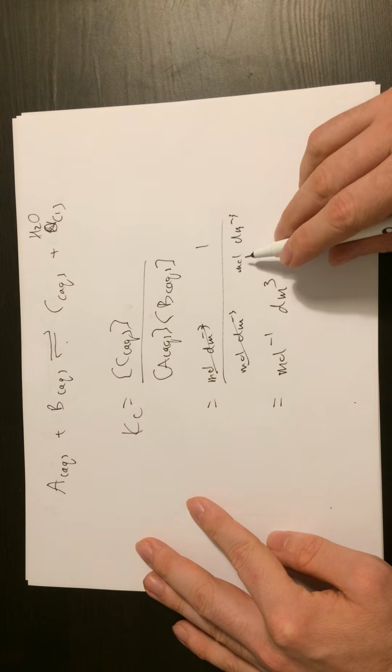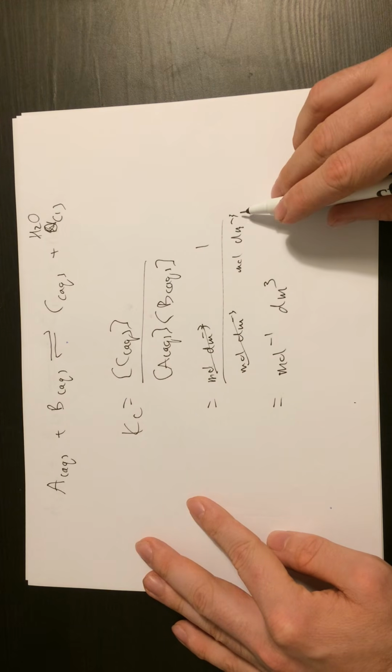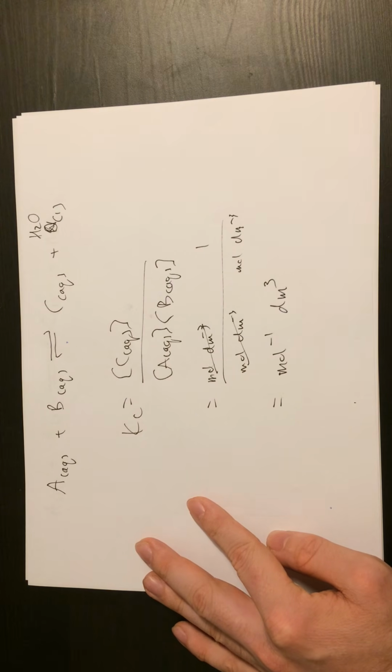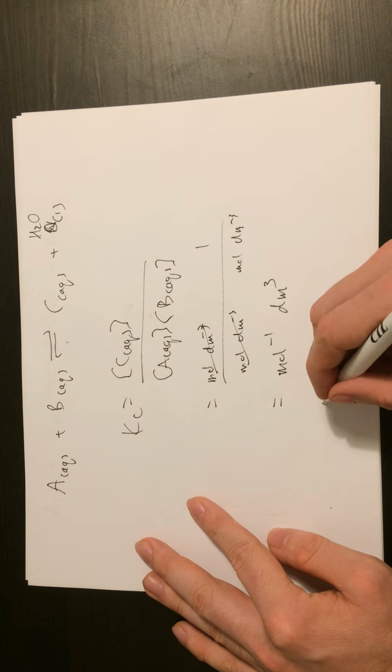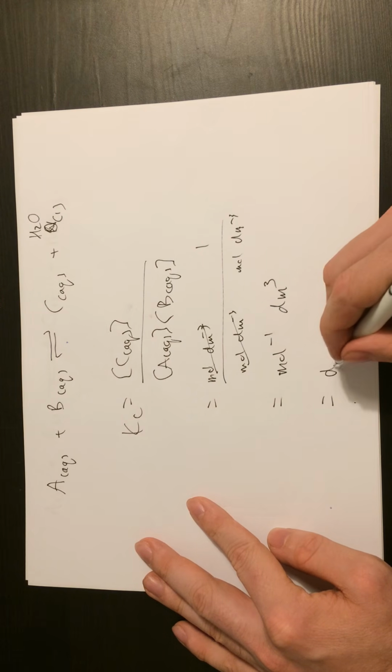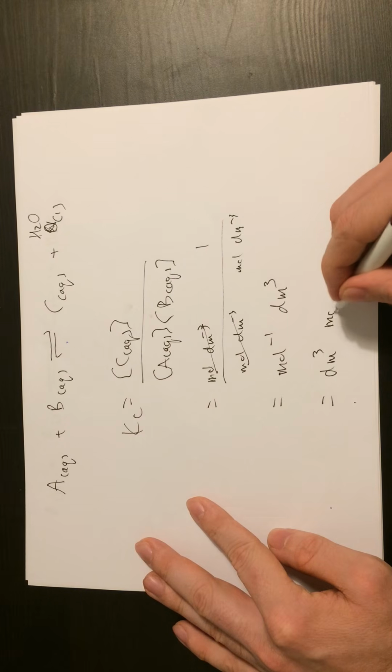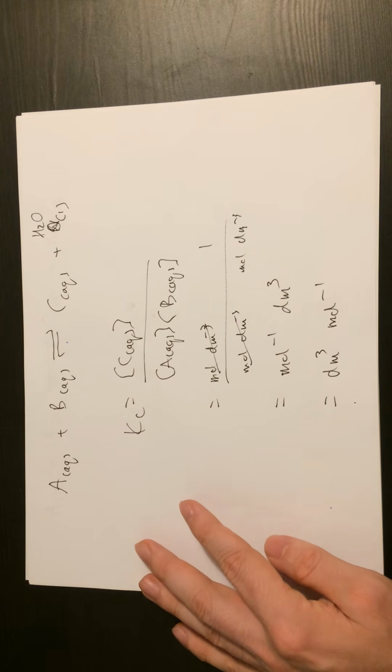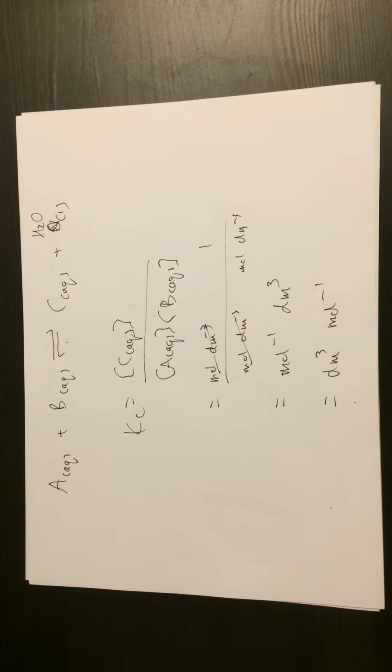So moles becomes moles to the -1, decimeters to the -3 becomes decimeters to the 3. And then very finally, usually we put the positive power first, like so. So rule number 1, don't include solids. Rule number 2, if your other chemicals are aqueous, we are not going to include water.